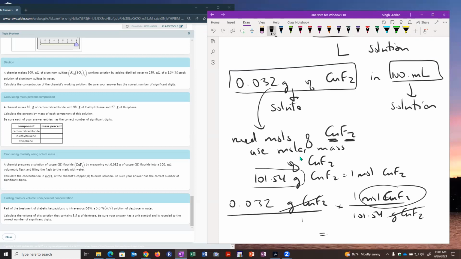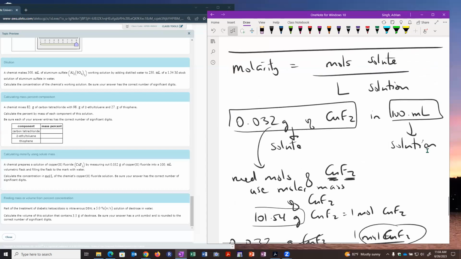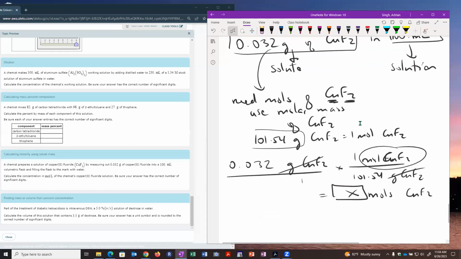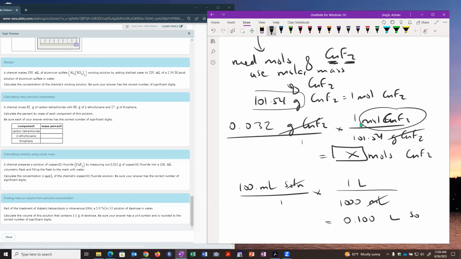And whatever I get here, let's say I get X moles of copper fluoride. And then I also need my volume in liters, so 100 mL of the solution. This is a metric conversion going from milliliters to liters. For every liter, there's 1,000 mL, so that's just dividing by 1,000. This ends up being 0.100 liters of the solution.